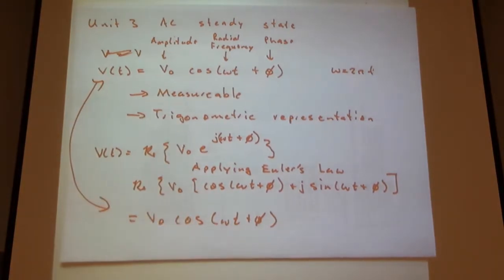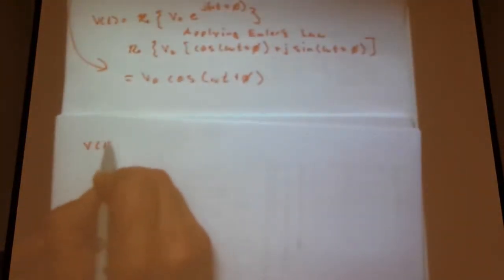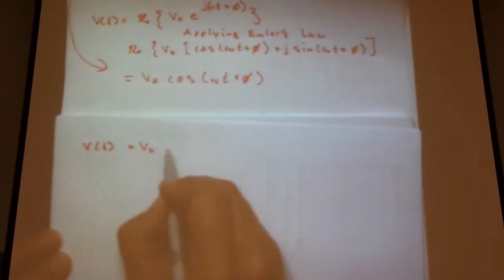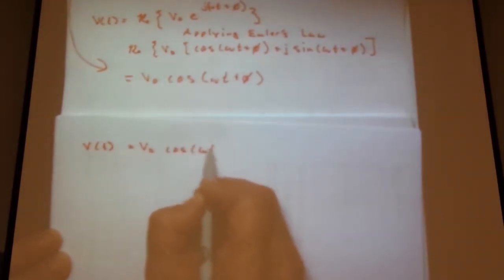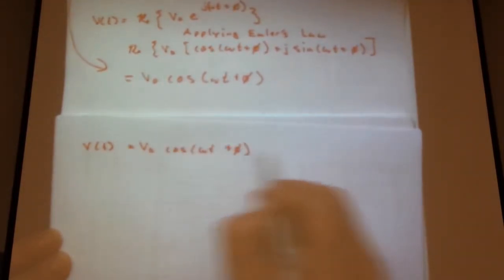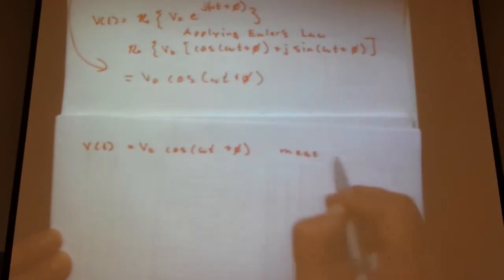And so this is our polar representation. We can write things as v of t equals v naught cosine omega t plus v. And again, just to rewrite this, this is the measurable form.